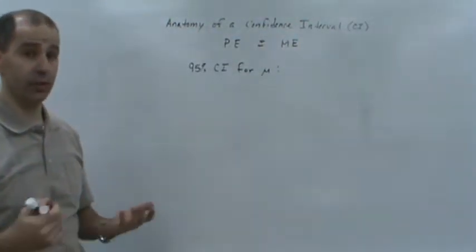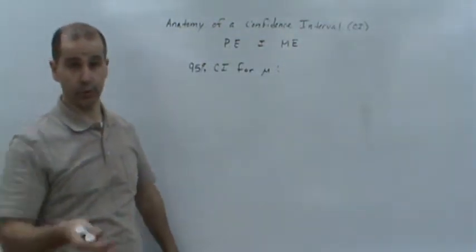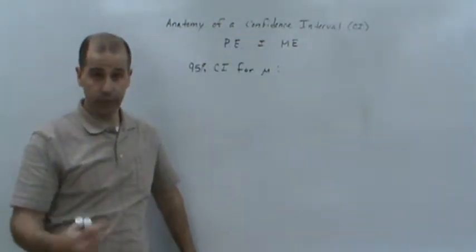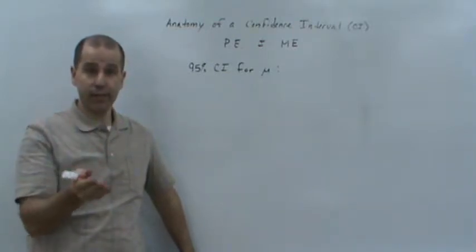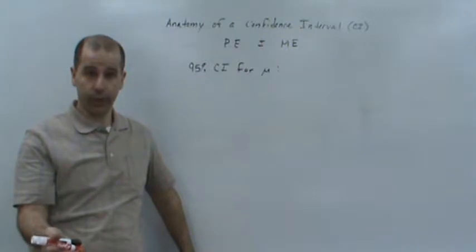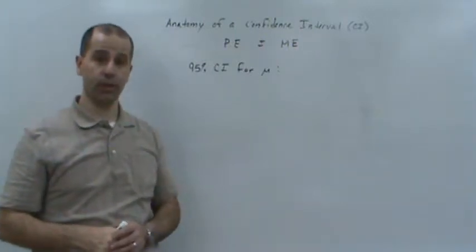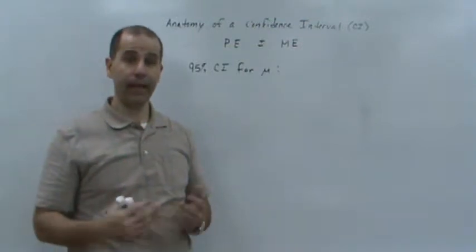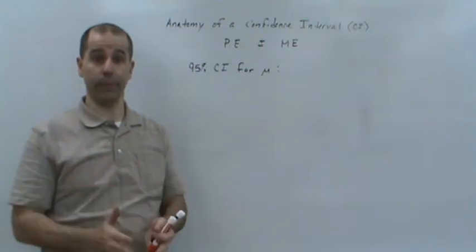Well, we could use, like I said, different point estimates. There's all kinds of different point estimates we could use. You could just pull numbers and use them. So again, just because you use a number to estimate a value doesn't mean it's a good one. So in reality, we don't want to use just any old point estimate. We want to use the good ones, or even better, the best ones.